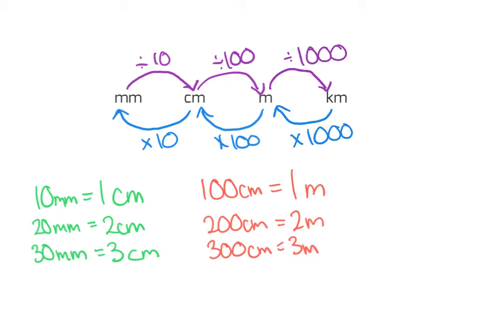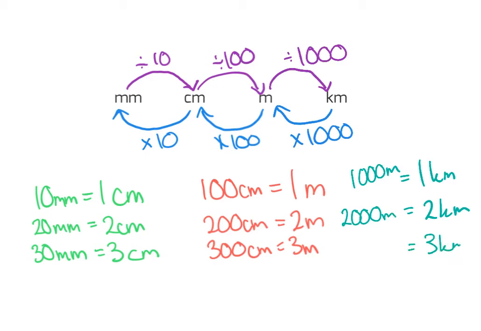The reason for that is because 1 kilometer equals 1,000 meters. So if I have 2 kilometers, I have 2,000 meters. If I have 3 kilometers, I have 3,000 meters.